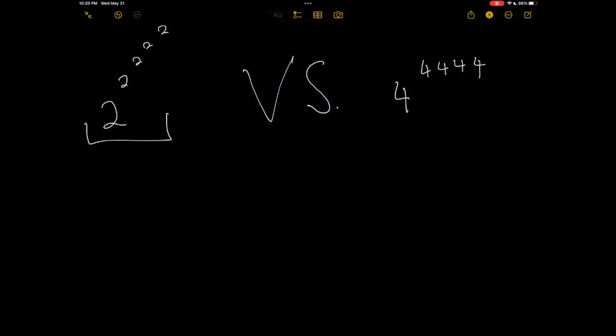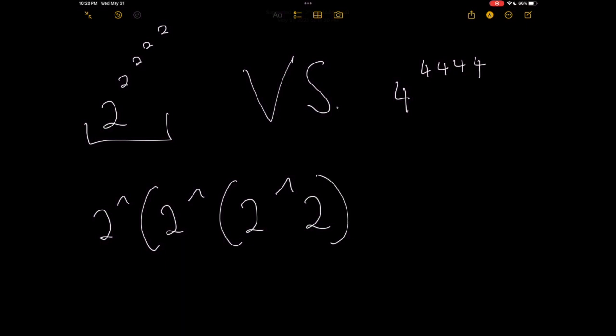So 2 to the power of 2 and so on is essentially 2 to the power of 2 to the power of 2 to the power of 2. Sorry, I forgot a 2.